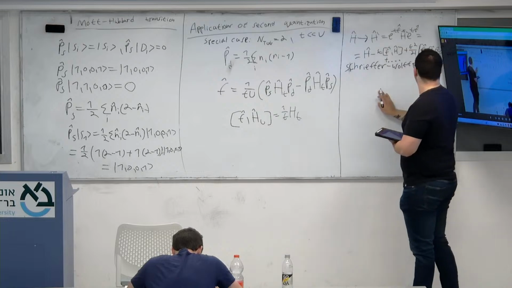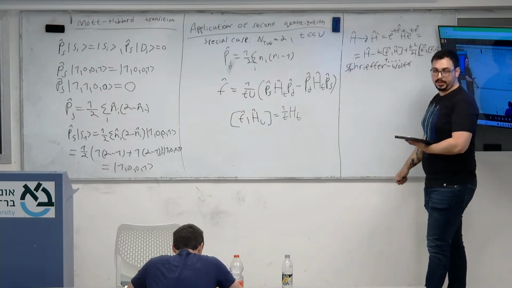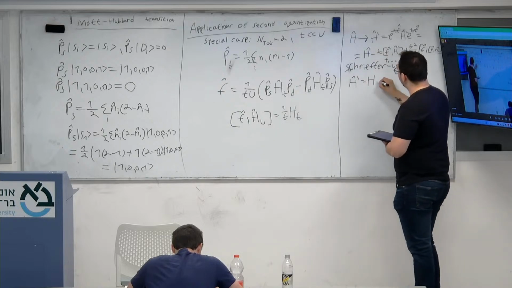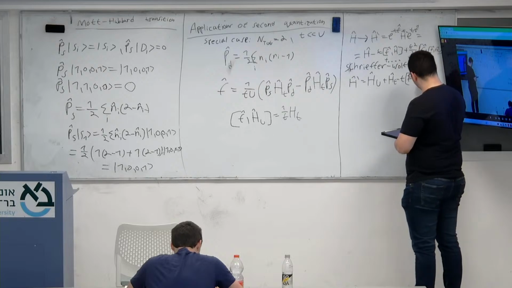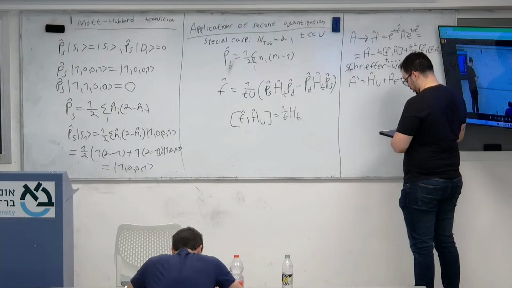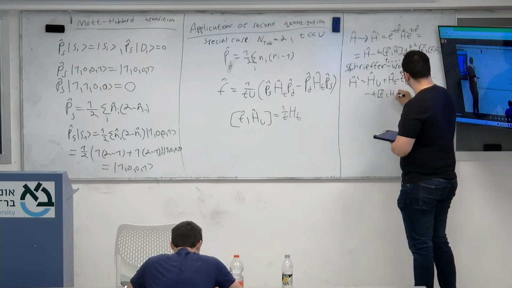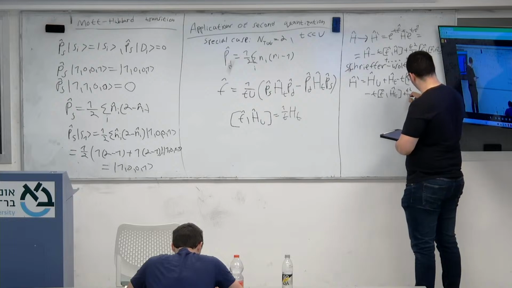Now, since T is very, very small, let's take this up to second order in T. So H tilde is equal to H_U plus H_T, minus T F H_U, minus T F H_T, plus T squared divided by 2 F F H_U.